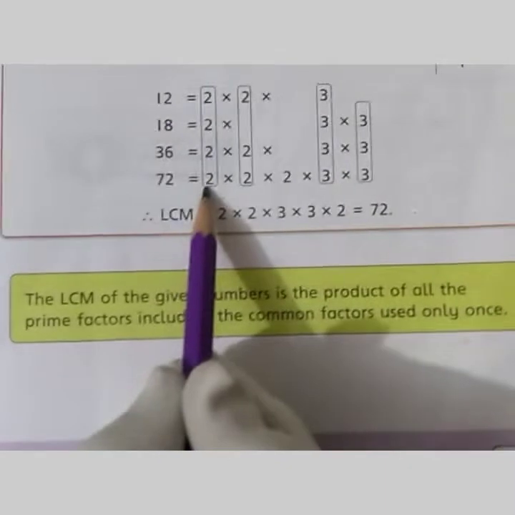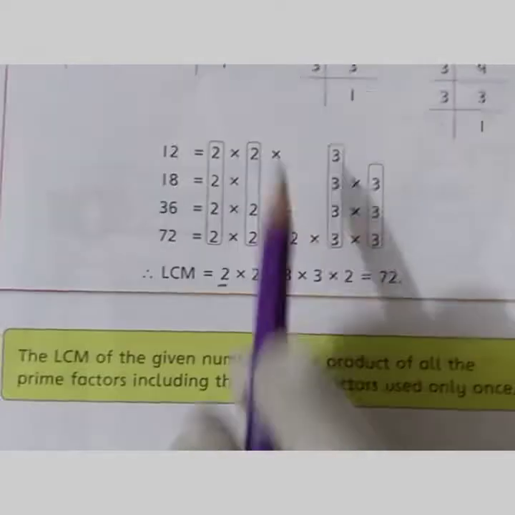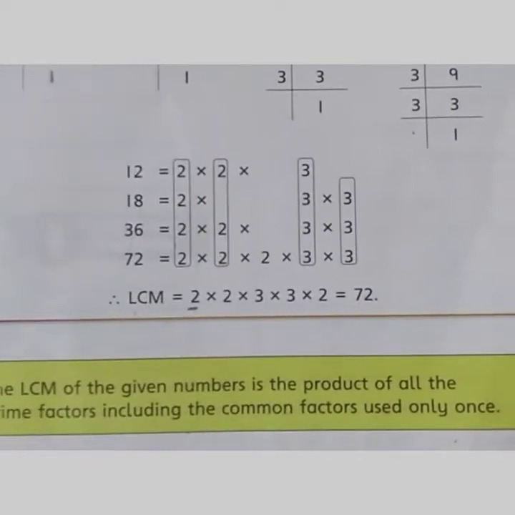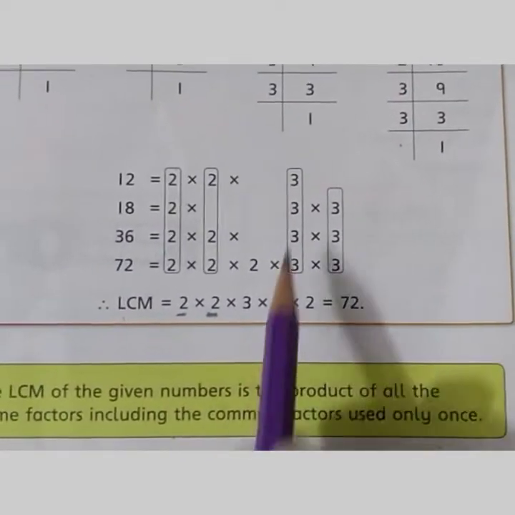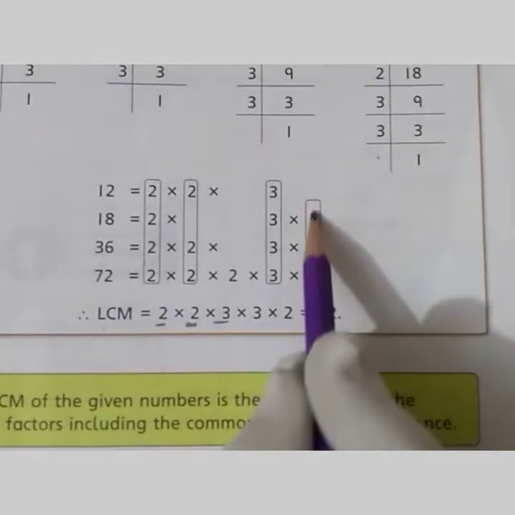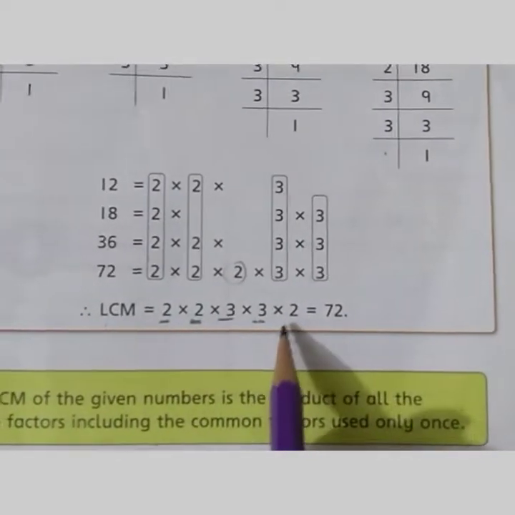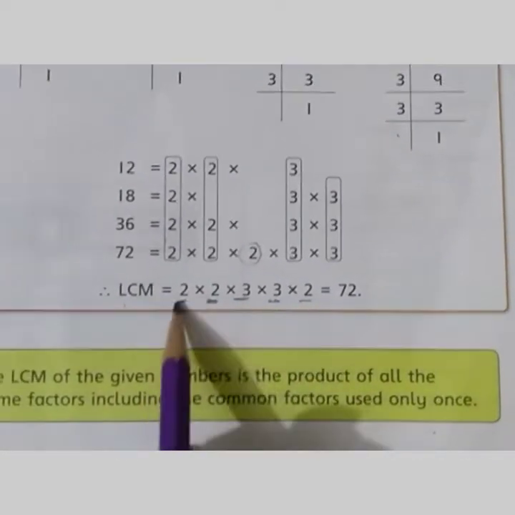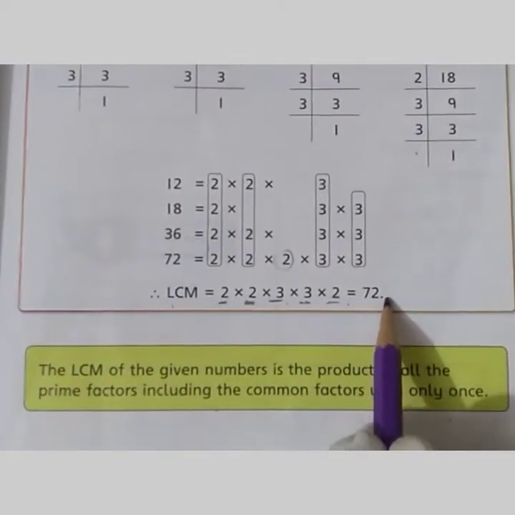Like this, 2 is a common factor, we use only one 2. Then again 2 is common, only one 2. Then 3 commonly, a single 3. Then 3 commonly, one 3. And the remaining 2 we write over there. By multiplying all these numbers, the number which we get is the LCM.